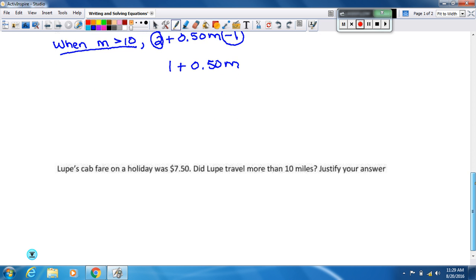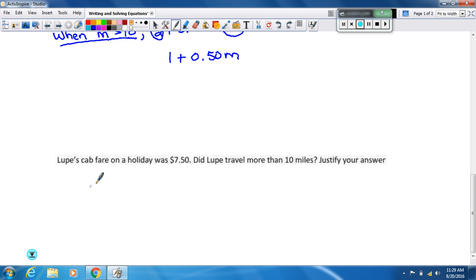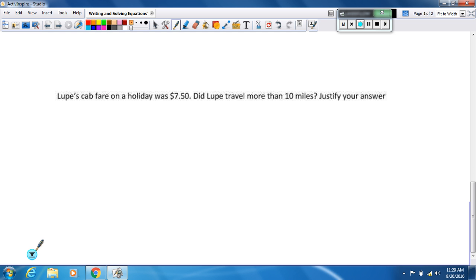Okay, the next one. Lupe's cab fare on a holiday was $7.50. Did Lupe travel more than 10 miles? Justify your answer. Well, here was the original one, 2 plus 50m equals $7.50.